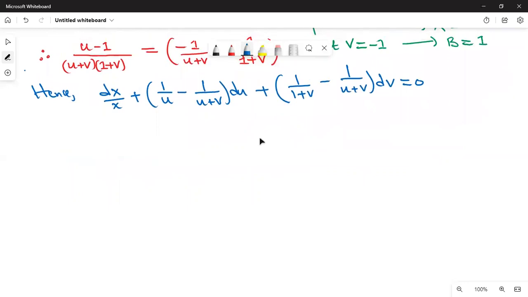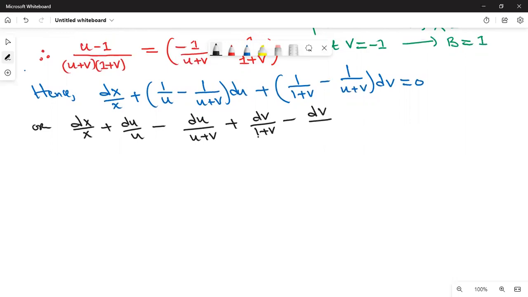And this thing can be written as, let me regroup it. You write dx over x plus du over u, I'm opening the bracket, minus du over u plus v, then I can see plus dv over 1 plus v minus dv over u plus v is equals to 0.